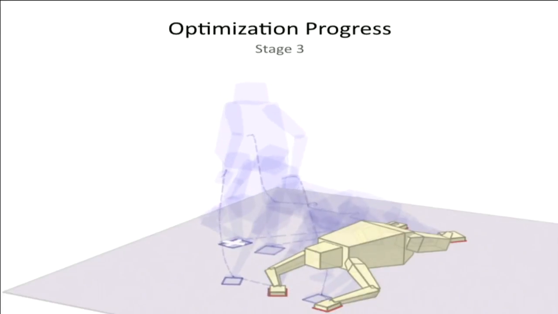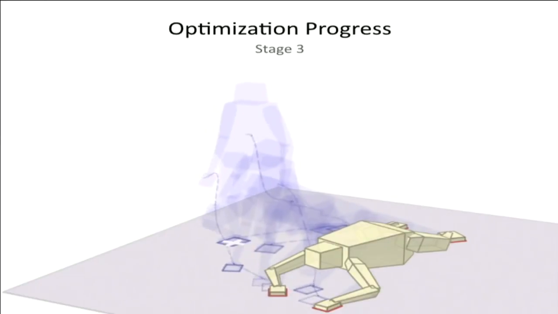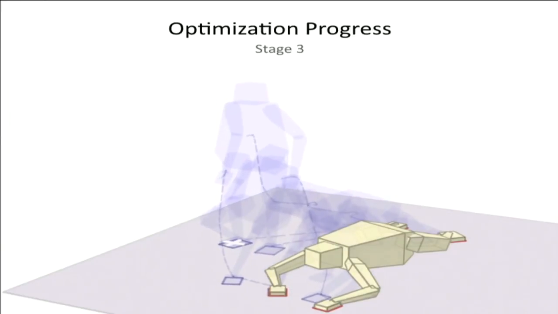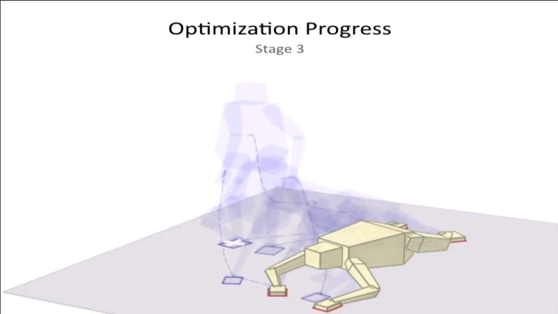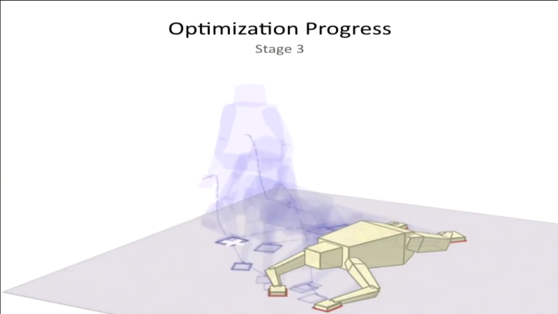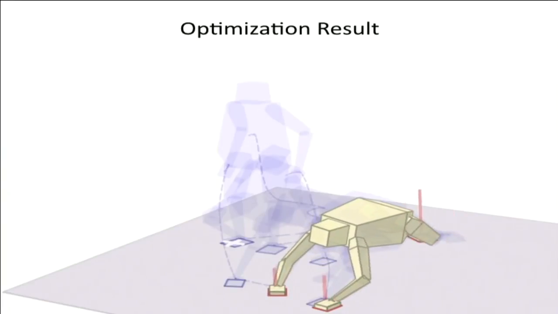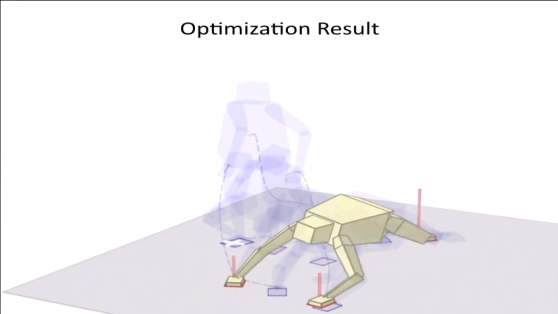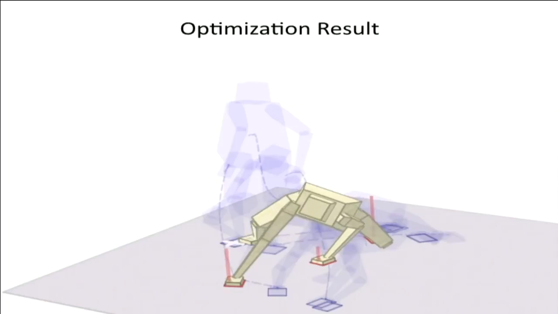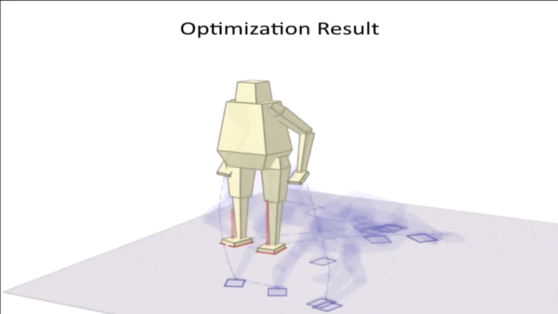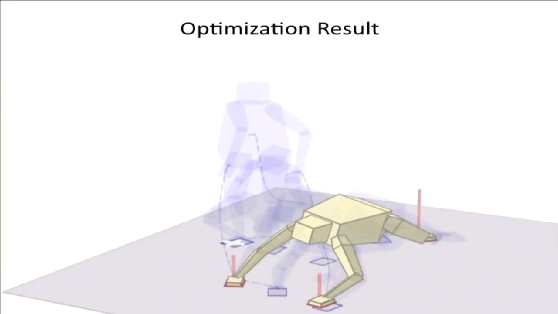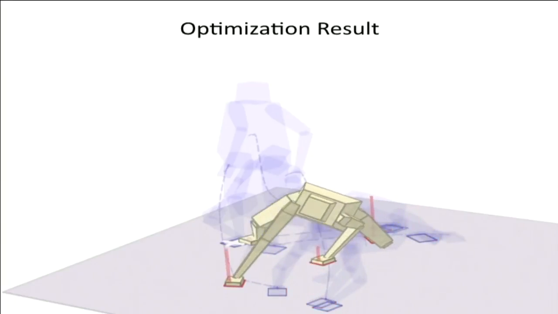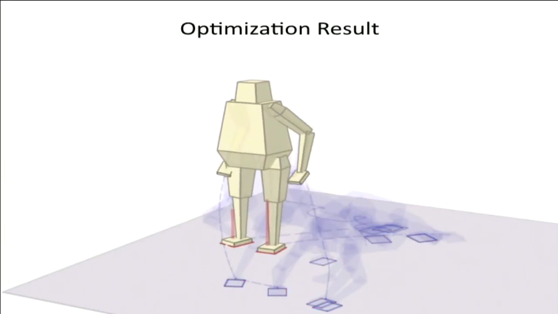So what you end up seeing is that contacts that do continue to be active end up converging to a single point, and other contacts become inactive. And in the end, you're going to get a motion of the character where all the forces are plausible and all the contacts agree with the poses.